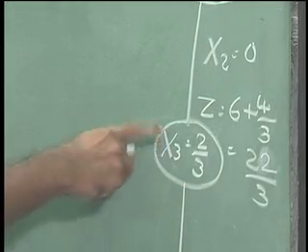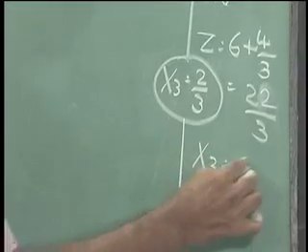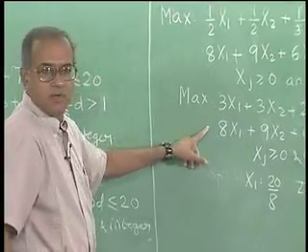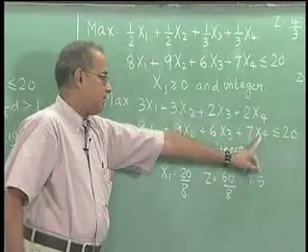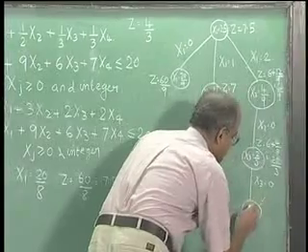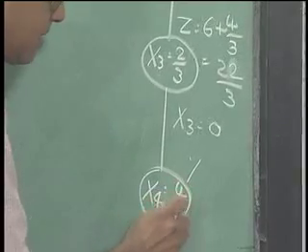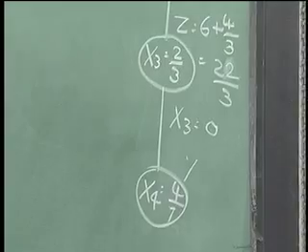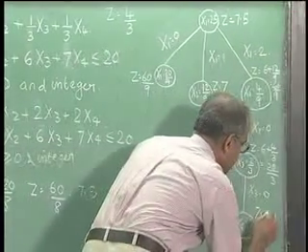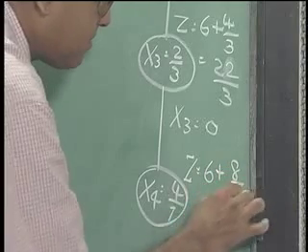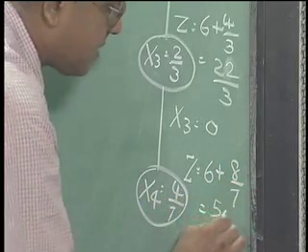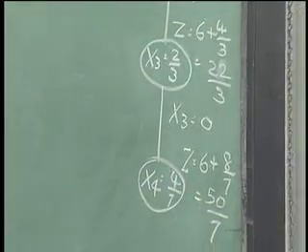Since x3 is 2 by 3, x3 can only take the value 0, which would leave us with x1 equal to 2, 4 units are available. So x4 will become 4 by 7. So this gives us x4 is equal to 4 by 7, z is equal to 8 by 7. So z is equal to 6 plus 8 by 7, which is 50 by 7, which is just greater than 7.